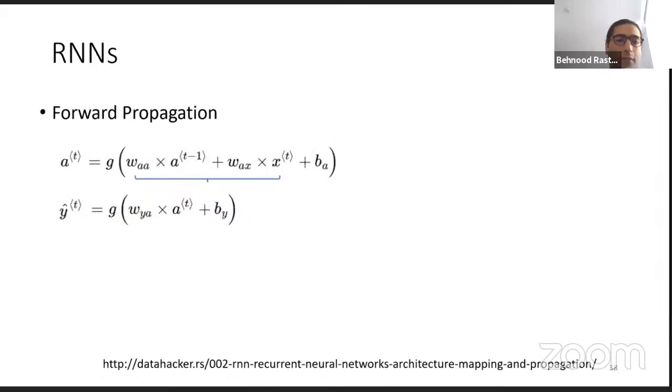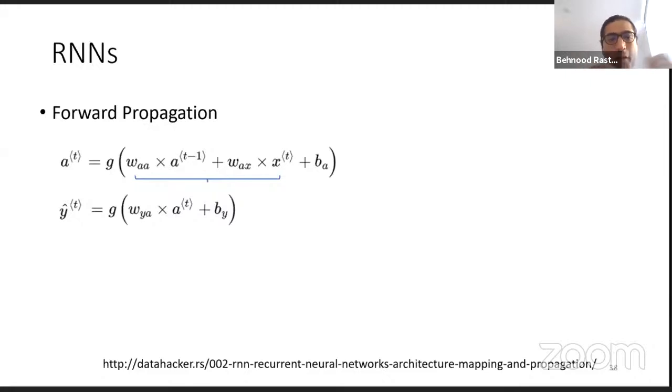So this is the equation for forward propagation. A at time t equals g of WAA times A at time t minus 1, plus WAX times the input at time t, plus the bias, where g is an activation function.